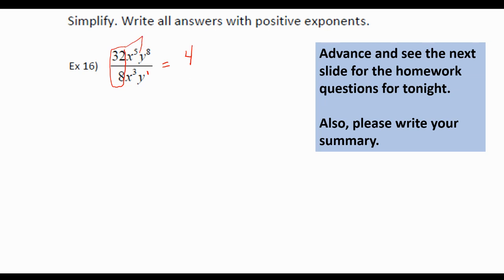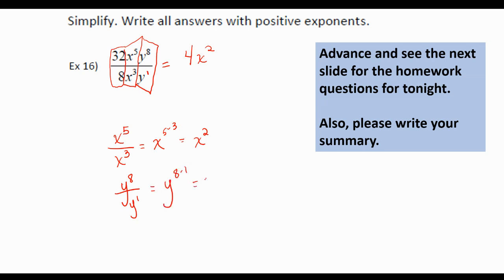And then x to the 5 over x to the 3, you write the x once, and you subtract the exponent. So that's x squared. And the last one, y to the 8 over y to the 1. Write the y once, subtract the exponent, it's y to the 7.